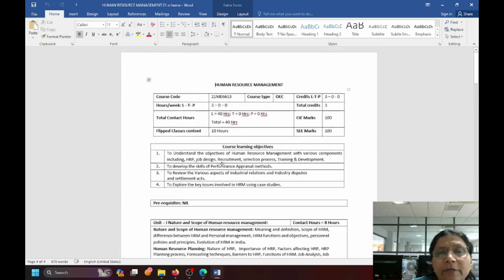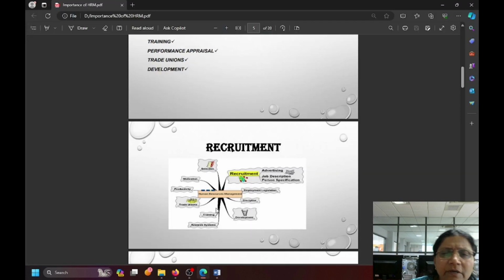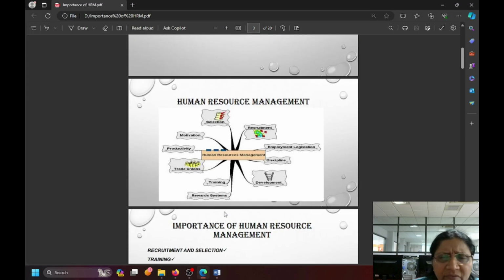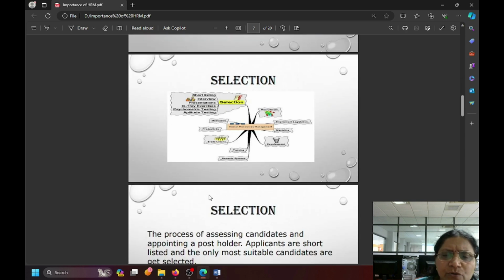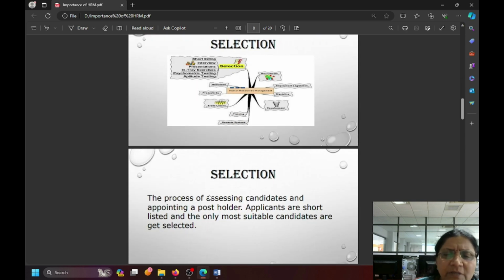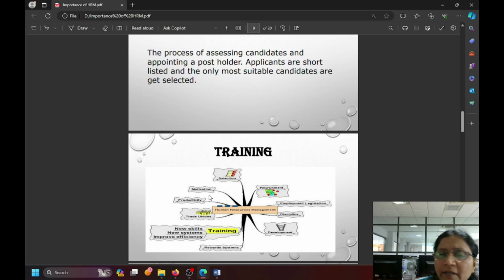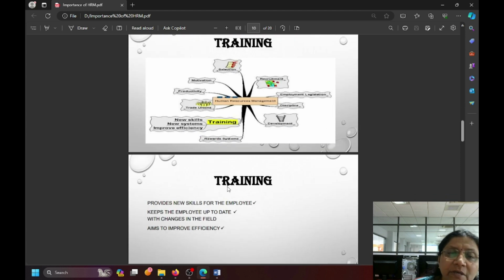So this is about the human resource management course. As I mentioned, there are various components of human resource management. One is recruitment, so what recruitment is you are going to learn, and how the selection process works. Then the training process: how we are supposed to provide training to the workers, the various methods available, and how the skill of the employee can be improved.